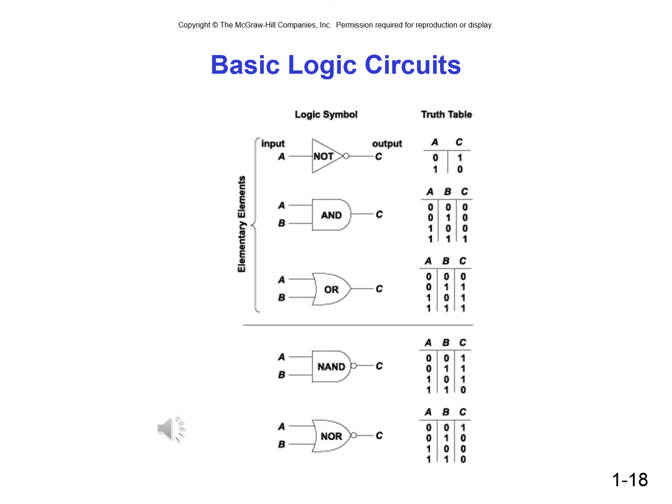We're going to have an entire lecture or two on basic logic circuits later in this course. Here are some examples of not, and, or, NAND, and NOR, and the truth tables that implement those logic circuits. Like I said, we're going to get into this topic in significant detail, so just stay tuned.